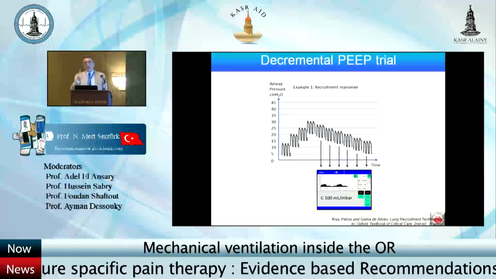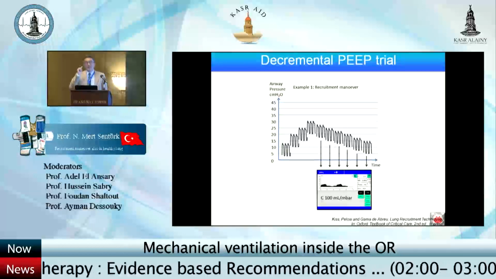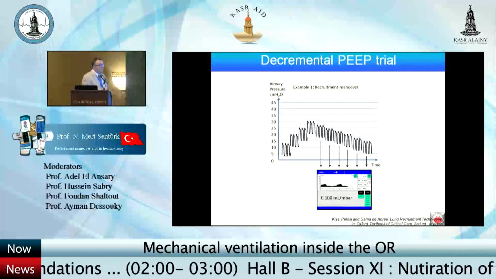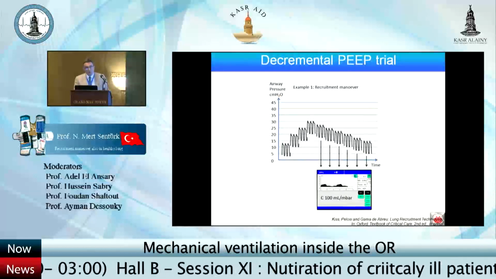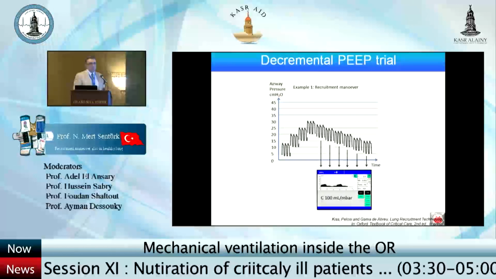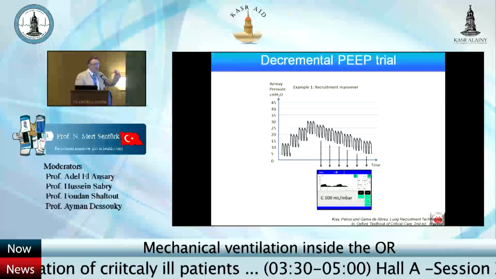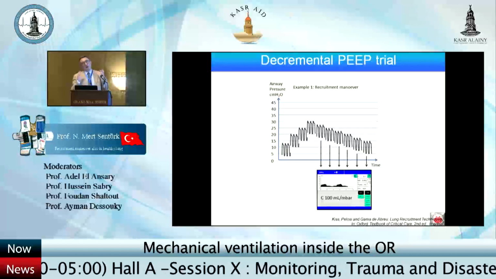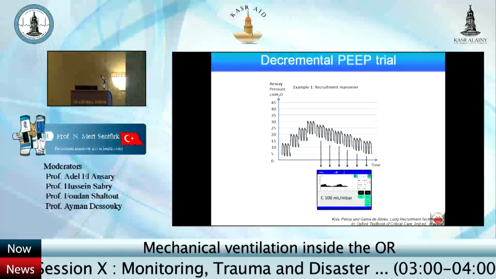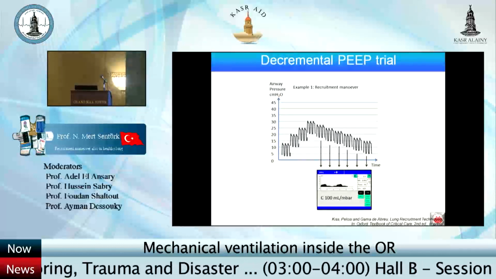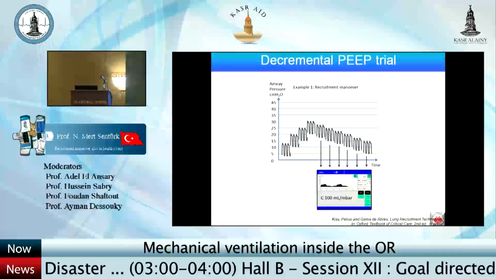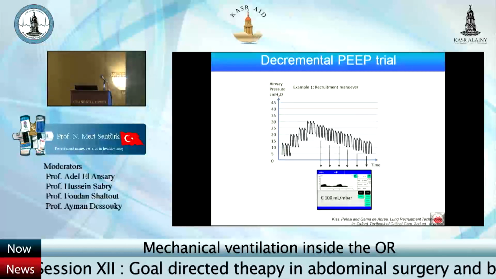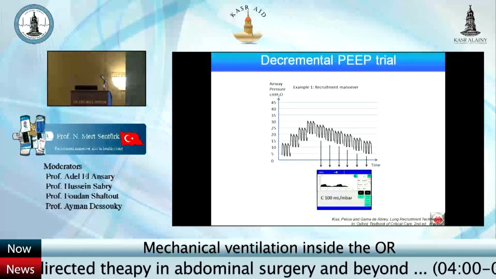And to know the best PEEP, first we have to open all the alveoli. That means the PEEP trial should be performed after a recruitment maneuver, because only after a recruitment maneuver you would have all your alveoli open. After this step in recruitment maneuver, you can go down with steps of 2 centimeters of water in your PEEP until you have the best compliance.